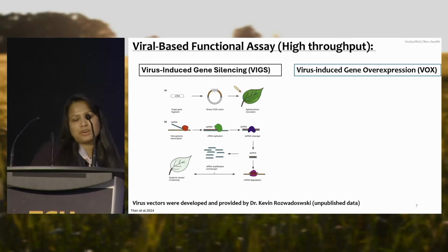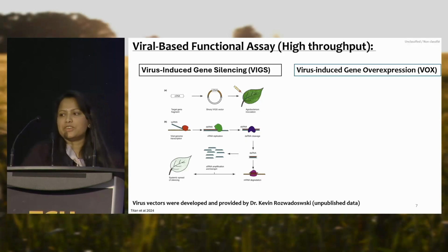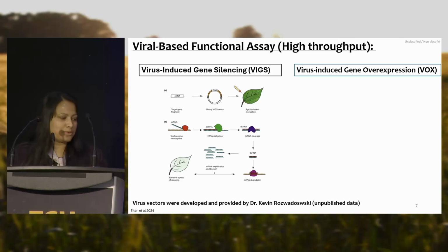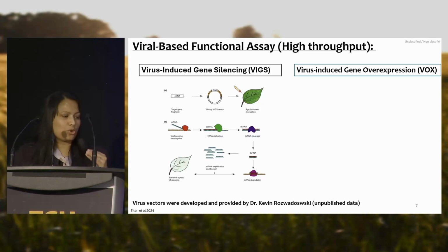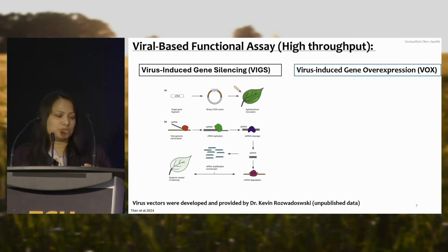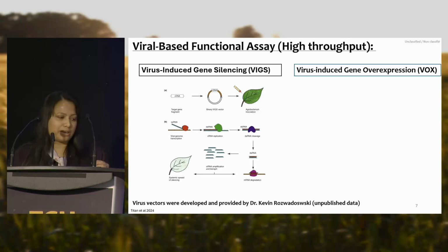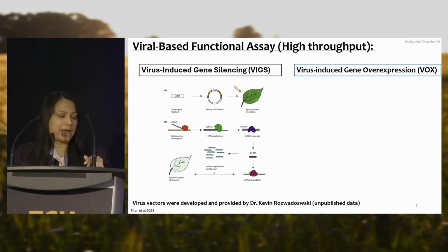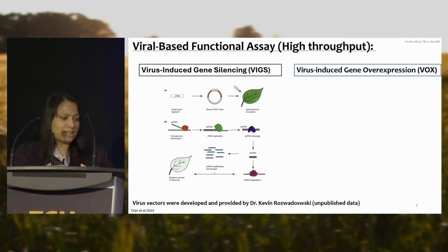Many of us already know how the VIGS system works. In brief, we cloned a small fragment of our target gene into a viral vector and then transformed it into the plant cell.